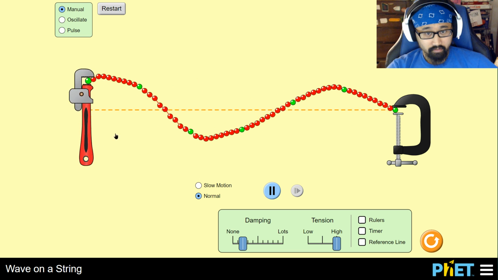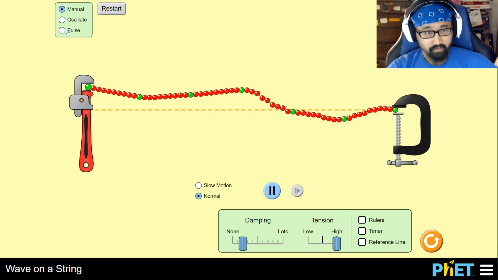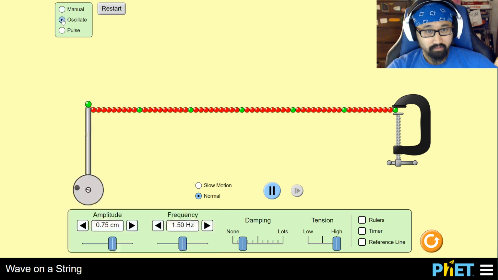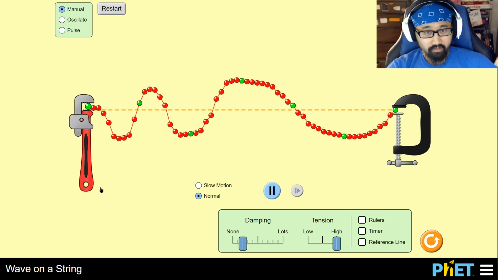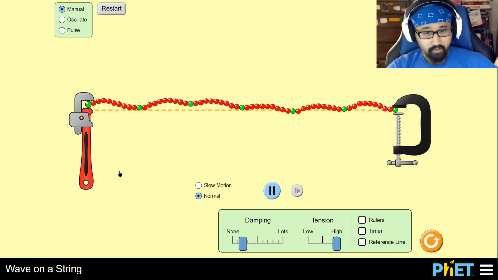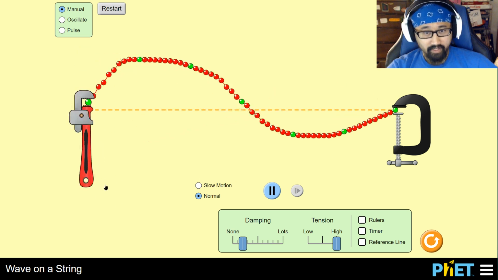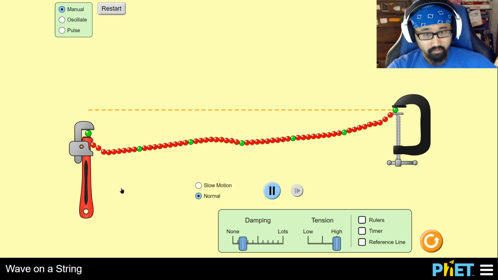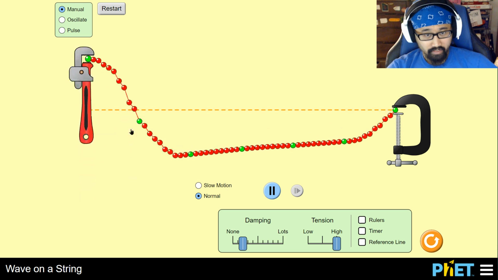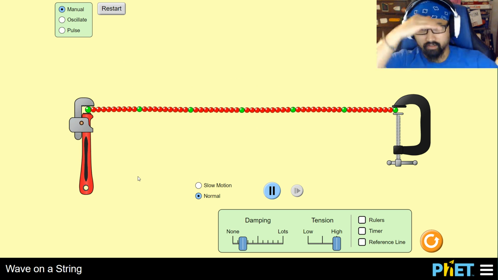Oh, that's too, well, this is almost one wave. I wonder if I can. No, I don't want to do that. Stop it. Nope. That's too much. So I wanted them to make half of a wavelength, which would be like that. It would just be like this going back and forth, half up and then half down.